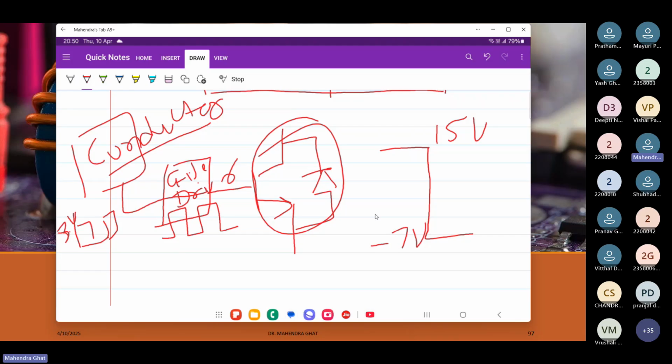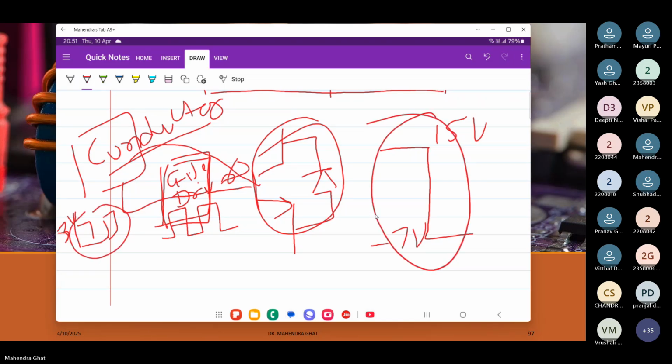So I cannot give the controller signal directly to the IGBT. I need a gate driver which will convert this signal to this level, and that signal can be given to the IGBT. Then only my IGBT will turn on or off.